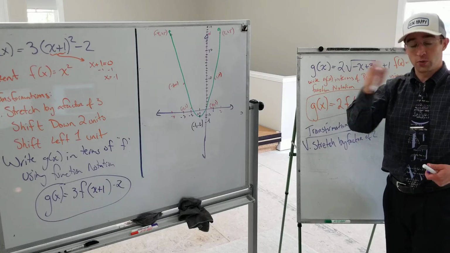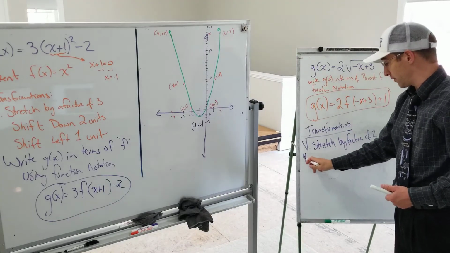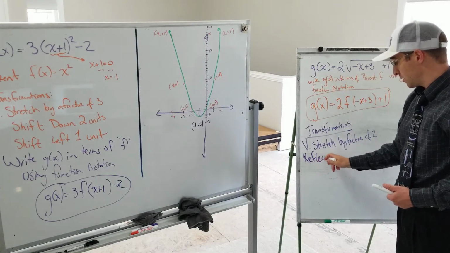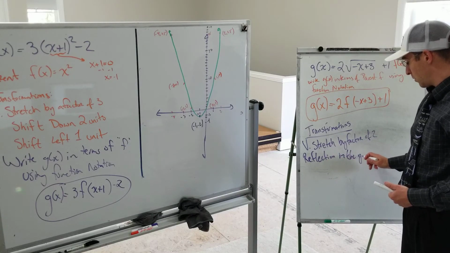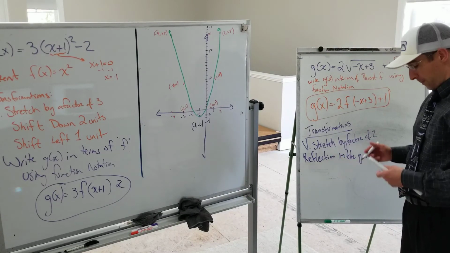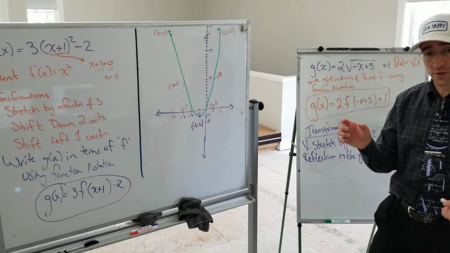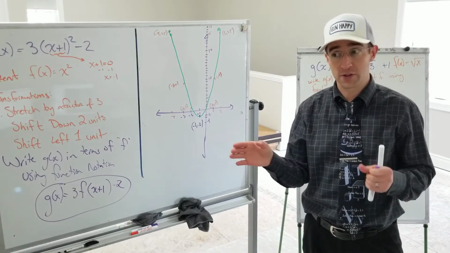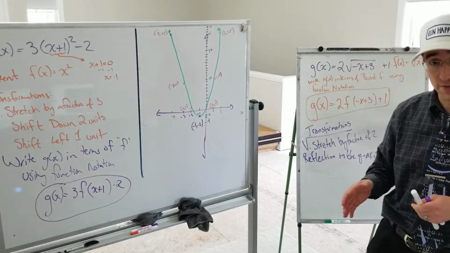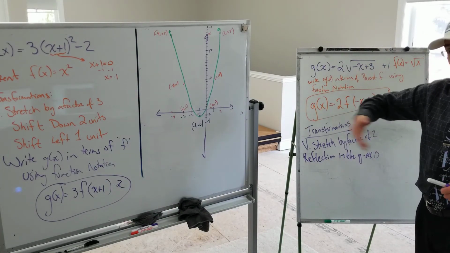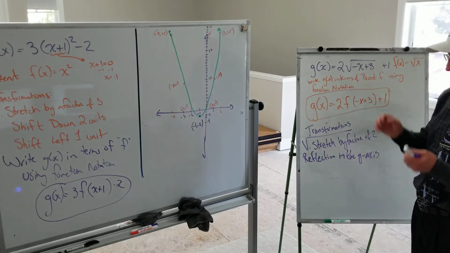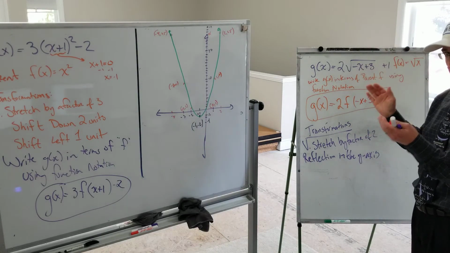So you can either call it a horizontal reflection, or a reflection in the y-axis. And if we haven't done any of the translations, the shifts, this negative will just reflect in the y-axis. As in, if the y-axis is a mirror, it makes it look like the other side.